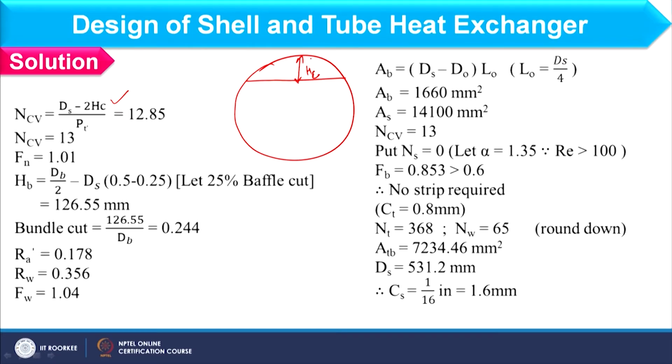Okay. So, ds is this, and Hc is basically the height of the cut section of the baffle, right. So, this is ds. If I am considering the baffle cut of another baffle, this is further Hc. Okay. So, NCV is what?